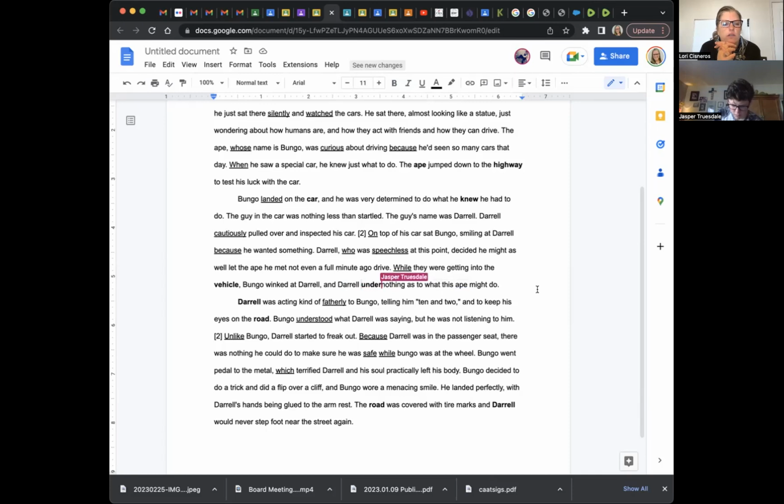Maybe understood. Daryl understood nothing as to what the ape might do. That kind of works better than the other one. And then how about pavement instead of road down here?